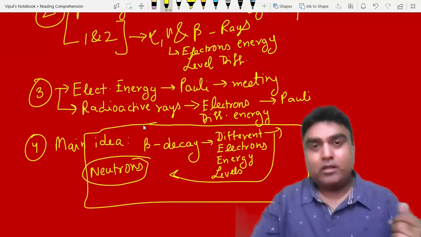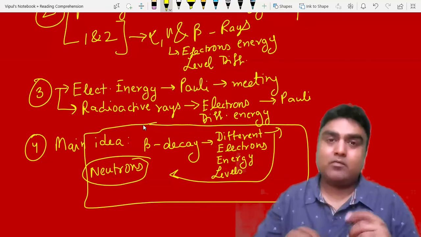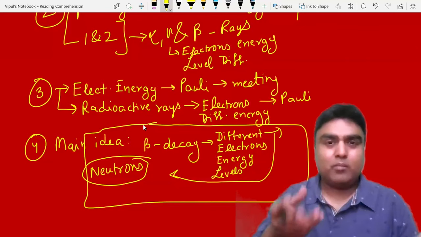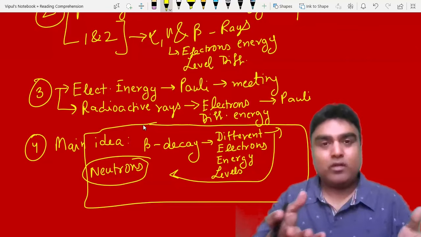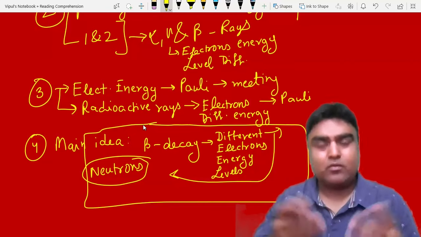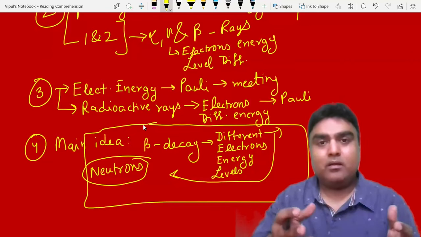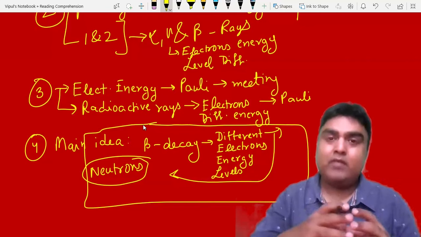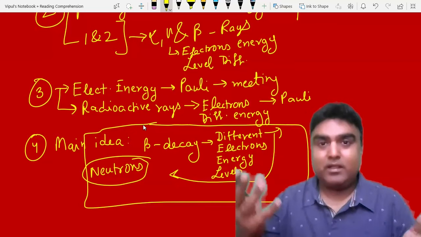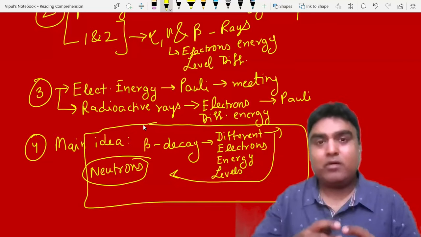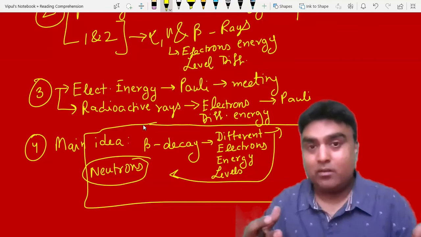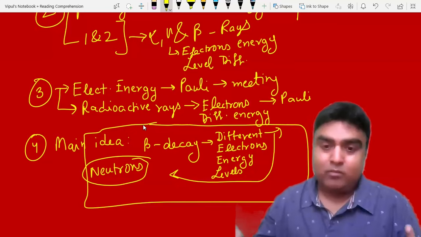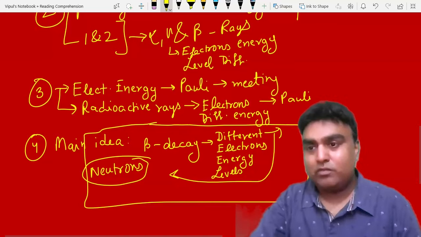This physics, the radioactive thing we have read through all the paragraphs, what we needed was that if we know what is a proton, what is an atom, what is an electron, which is very basic knowledge in physics or chemistry, we would be able to get the main idea of the passage. And if I'm able to get the main idea of the total thing, I actually have understood the whole passage, and my accuracy levels in marking the answer would be very high. Now in reading comprehension, there are three kinds of questions which come.